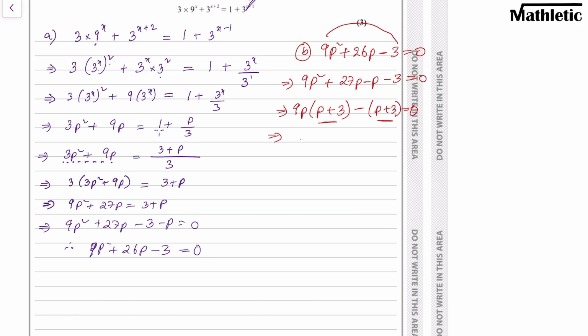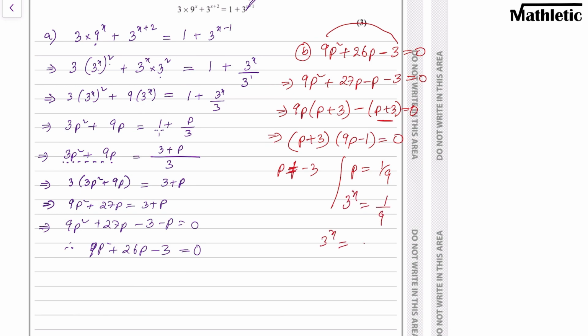So this factor here is p plus 3, and then the remaining terms, as in 9p minus 1, in another separate bracket. So you get p equals minus 3, p equals 1 by 9. So since p is 3 to the power x, this is a math error, you cannot solve this one. So I will just discard this value and select the second one.